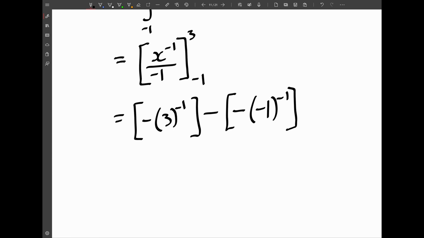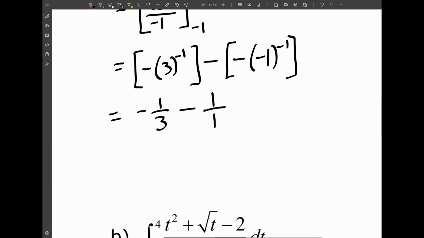So what we get is 3 to the -1 is just 1/3. So this is -1/3. And -1 to the -1 is just going to be 1 over -1. But there's a lot of negatives in here. All 3 of those negatives together is just going to be 1 negative. 1 over 1. And when we finish that off, that just makes it -4/3.